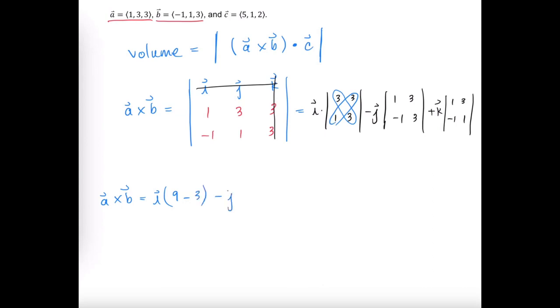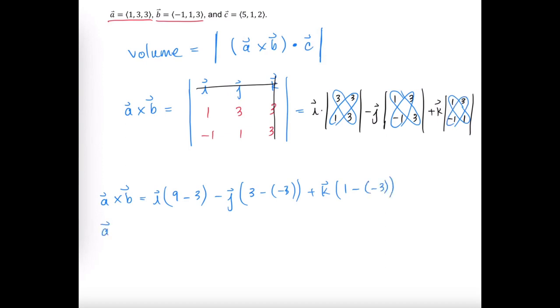And then we subtract J times the determinant here, which is 1 times 3, which is 3, minus 3 times negative 1, so that's going to be minus a negative 3. And then we have plus the K vector times the determinant here, which is the product of the main diagonal, which is 1, minus the product of the other diagonal, which is negative 3, so minus a negative 3.